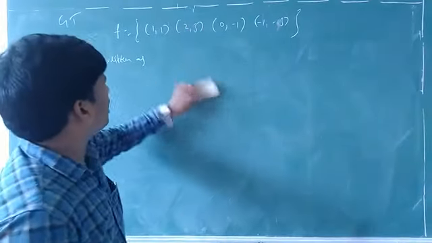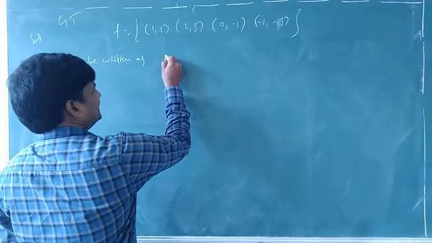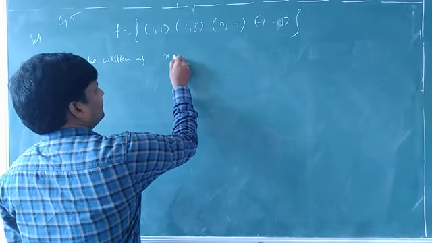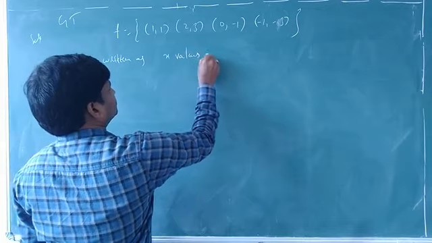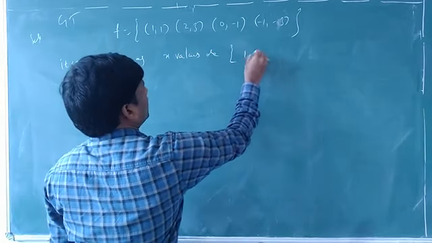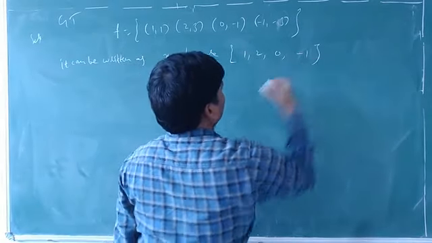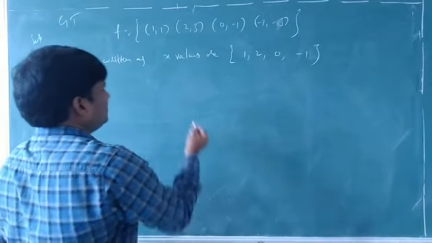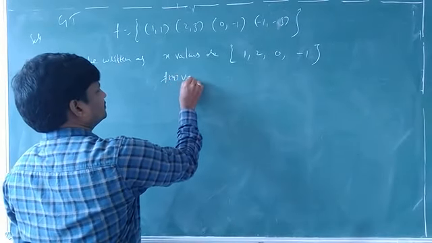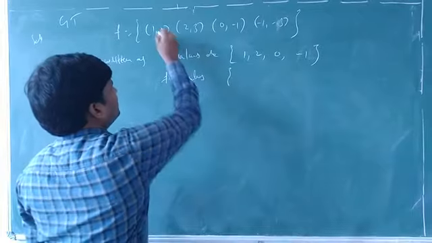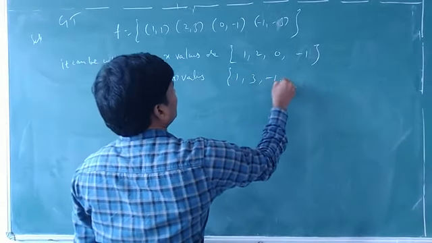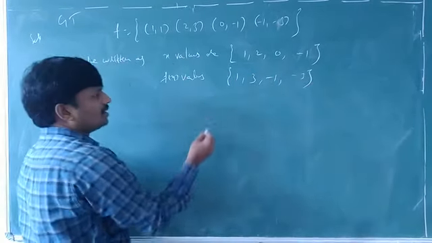The x values are 1, 2, 0, minus 1, right? And the f(x) values are 1, 3, minus 1, minus 3.